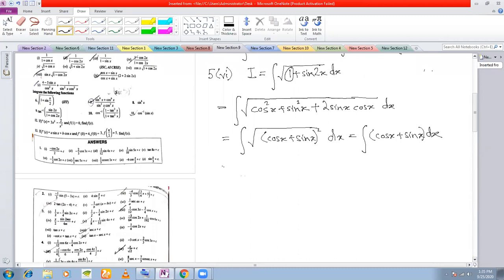So this becomes integral cos x dx plus integral sine x dx. Integral cos x is sine x and integral sine x is minus cos x, plus c. So this is sine x minus cos x plus c, where c is the constant of integration.